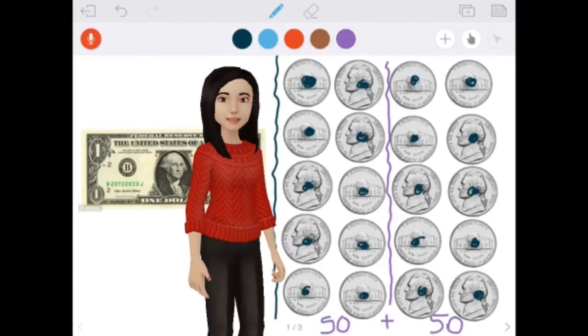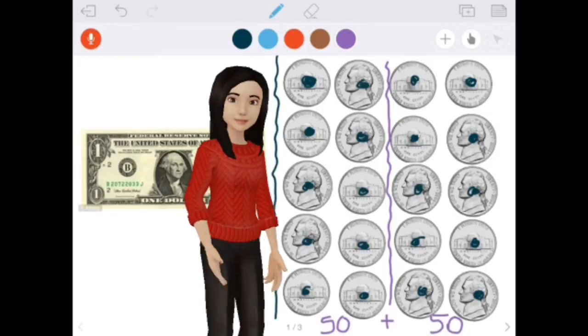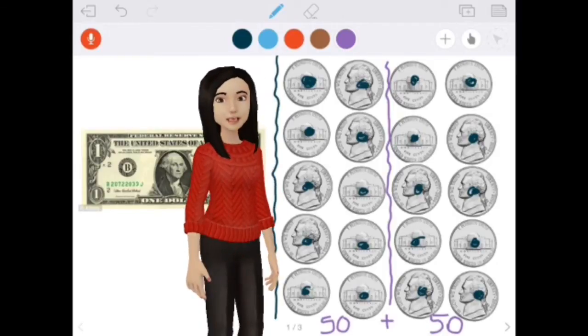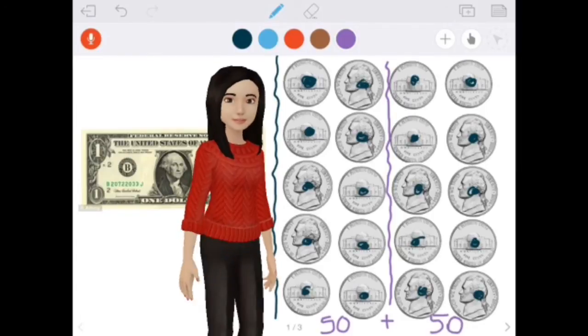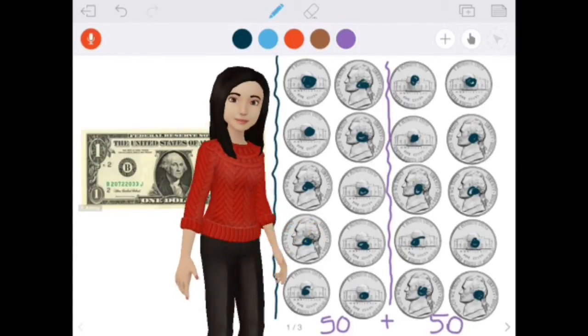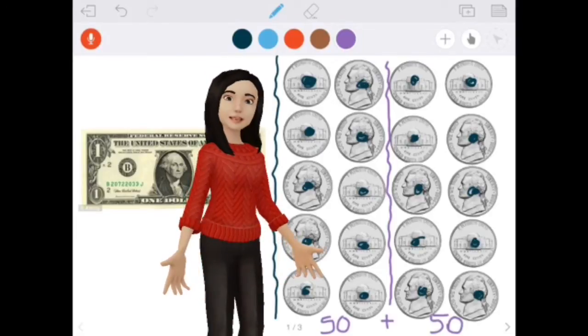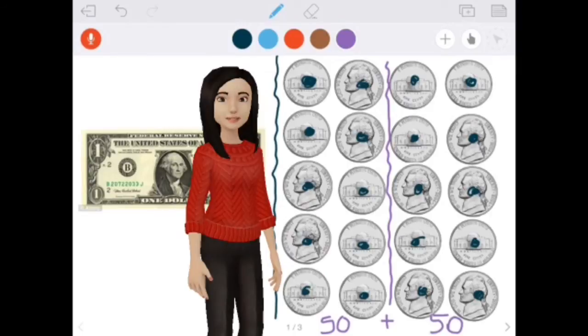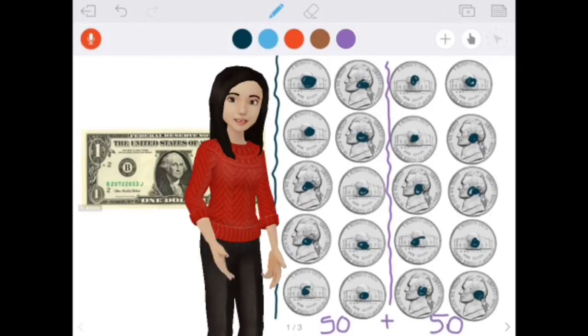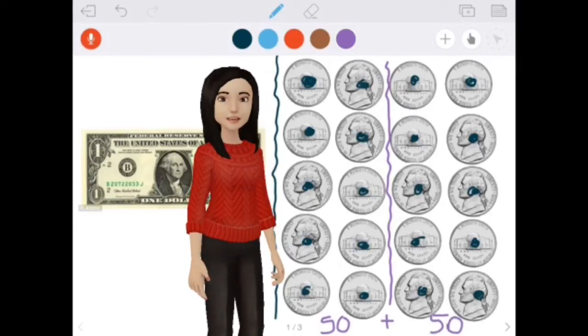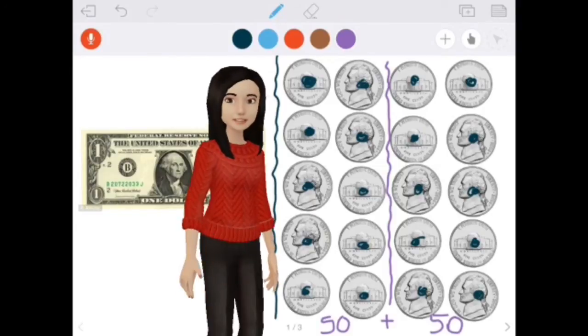Let's start skip counting at 50 and skip counting by fives. 50 is what we stopped at. 55, 60, 65, 70, 75, 80, 85, 90, 95, 100. We now have 100 cents.